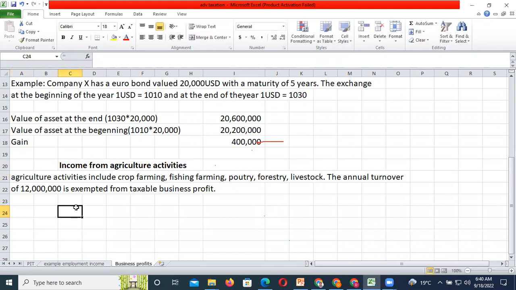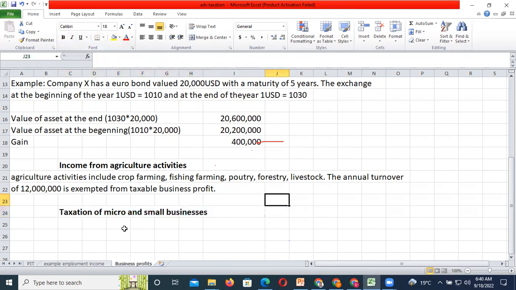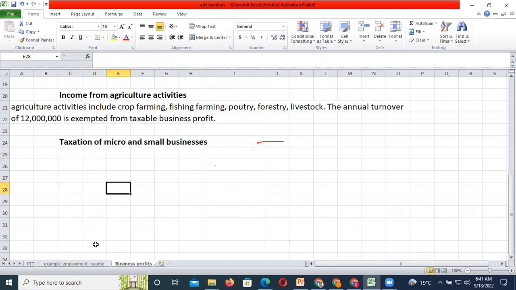Another thing I want us to talk about is taxation of micro and small businesses. When it comes to taxation, we have mainly 3 tax regimes: a flat tax regime, a lump sum tax regime, and a real tax regime. In a flat tax regime, the taxpayer pays a flat tax.